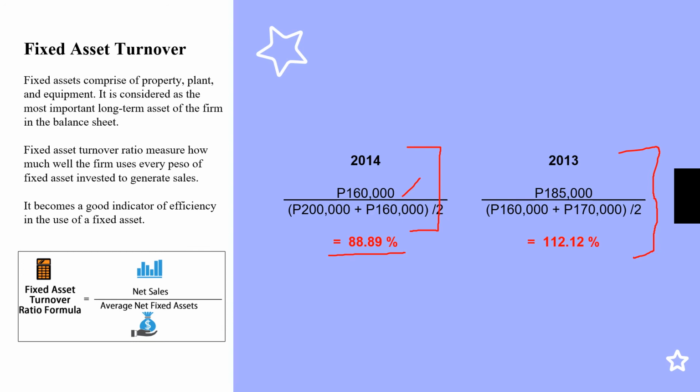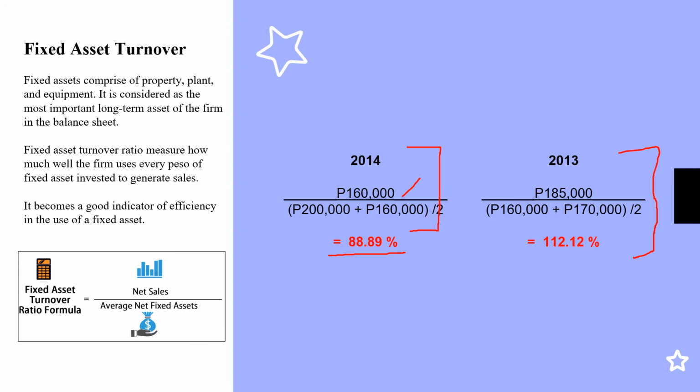So what does 88.89% and 112.12% mean? So again, it refers to the efficiency of the business or of the firm in the use of their fixed asset to generate sales. So that means for 2013, the firm was able to generate 112.12% of sales for every peso of fixed asset, no, na kanilang ginagamit or ininvest. Okay?